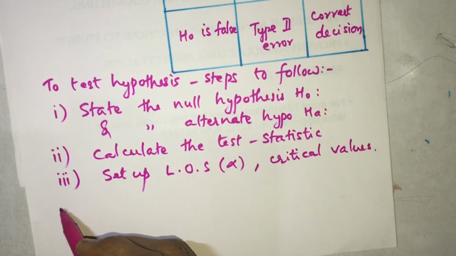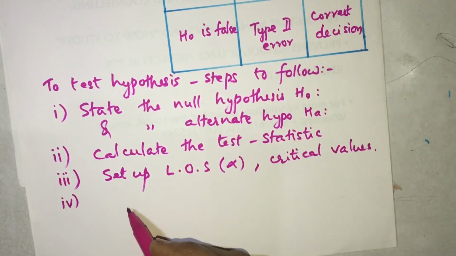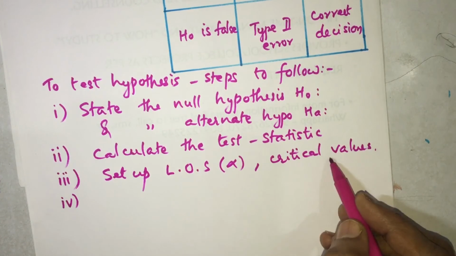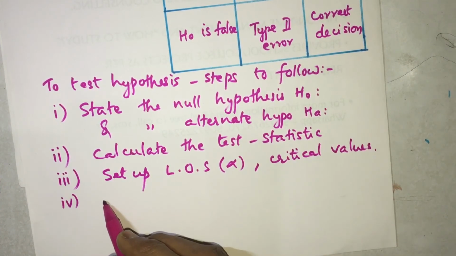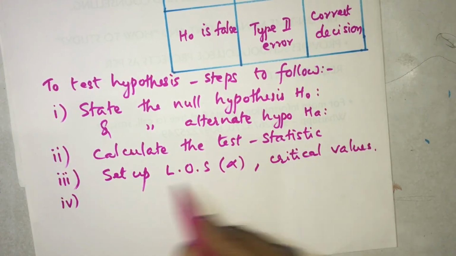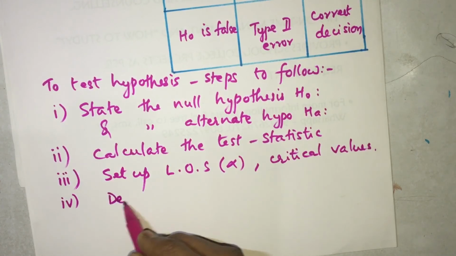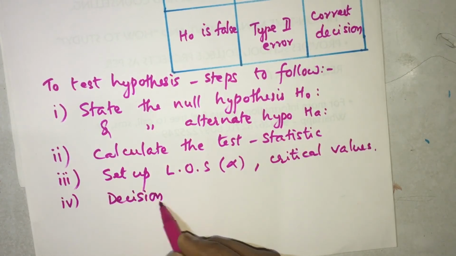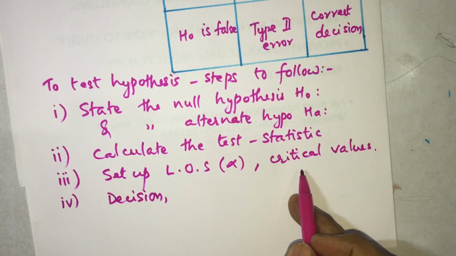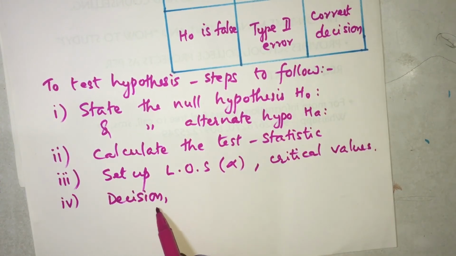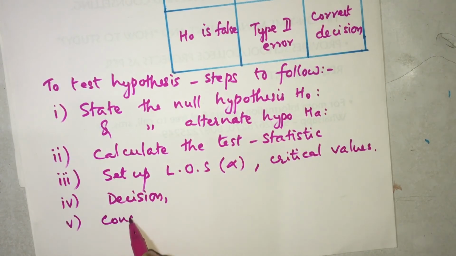Then the fourth one is the table value, the critical value. Then the decision: depending on these critical values, you will decide whether we need to accept or reject. And the fifth one is conclusion.